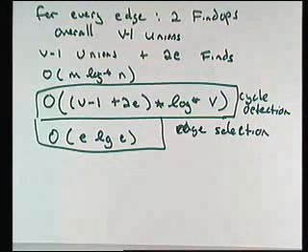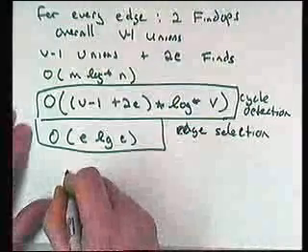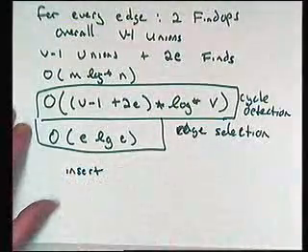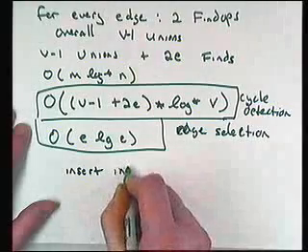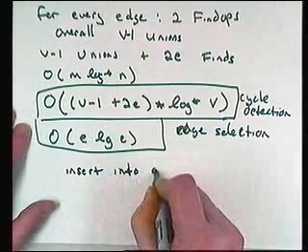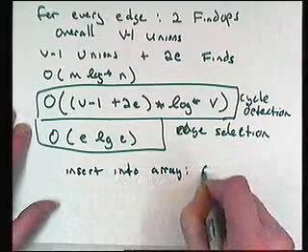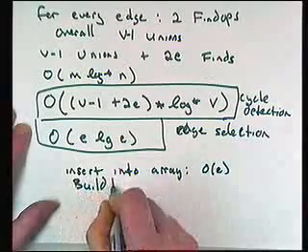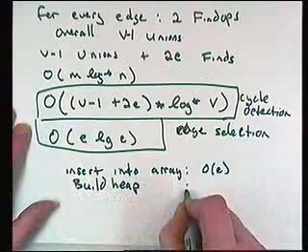Now we may remember that we said our insert would be E log E, but you can just dump everything into an array, inserting edges into the array in order E time, and then use the build heap algorithm that Adam had discussed.